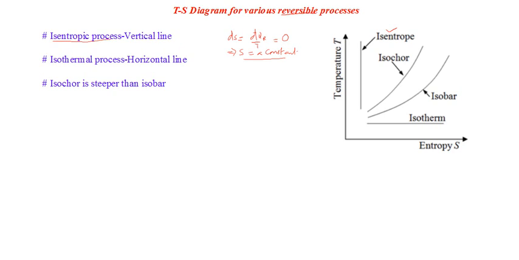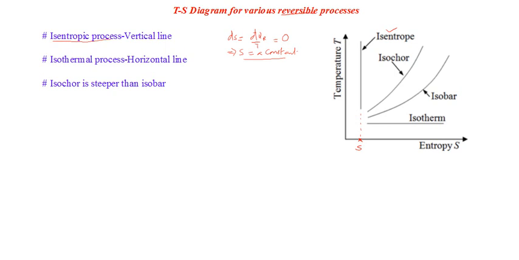The reason is that entropy has been taken along the x-axis. So some value of entropy is there at this particular point, and throughout the process the value of the entropy remains constant even though the temperature goes on changing. So this vertical line represents the isentrope in the TS diagram.